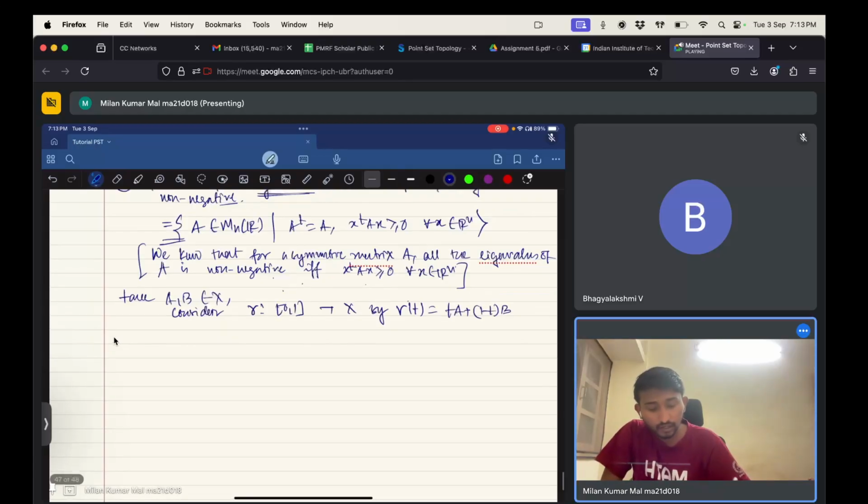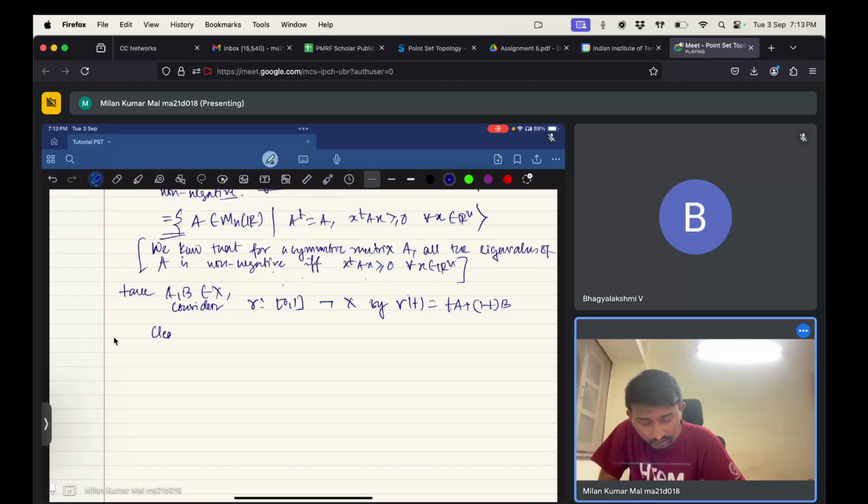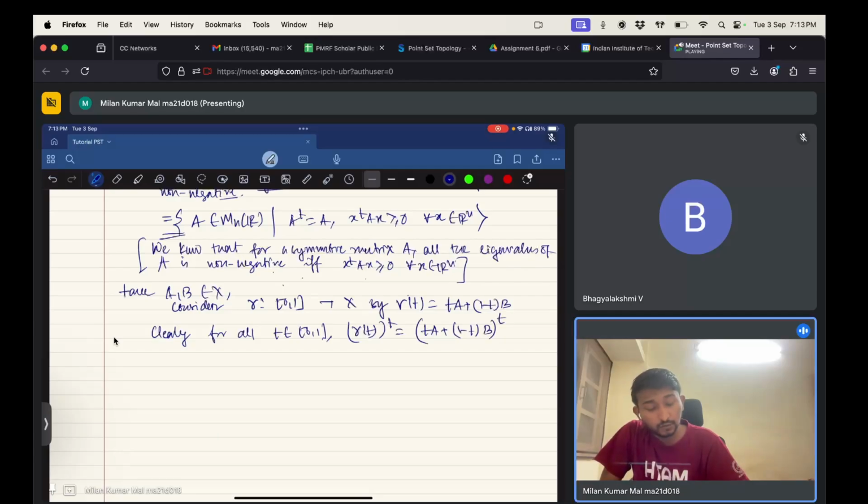Okay. Then clearly, for all t belonging to the closed interval [0,1], gamma(t) whole transpose is equal to (tA plus (1 minus t)B) whole transpose. This transpose t is not the same t. This t is the variable, and the above t is just the transpose symbol.